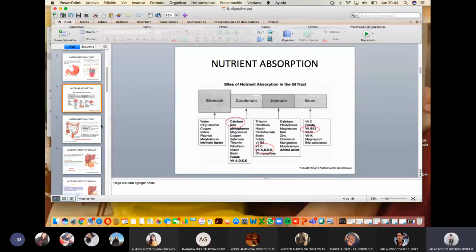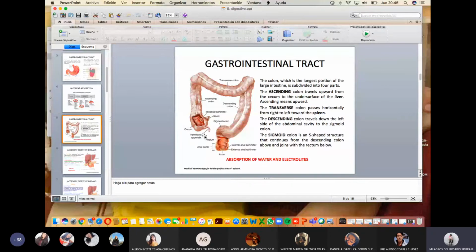And then we can talk about the large intestine, or the colon, where the main function is the absorption of water and electrolytes. You have the ascending colon, the transverse colon, the descending colon and sigmoid.